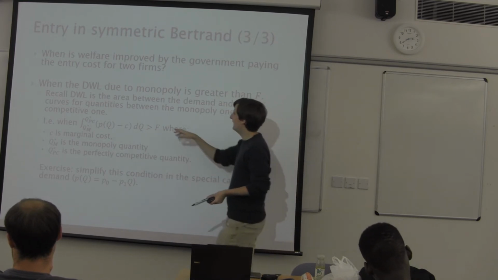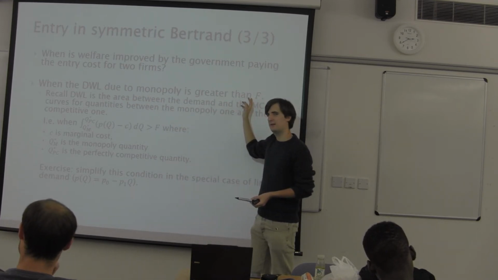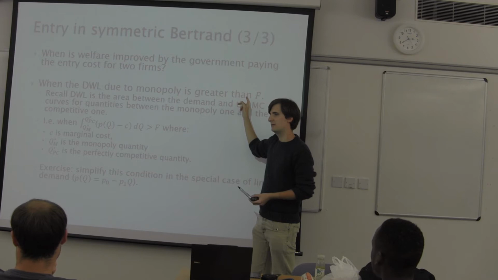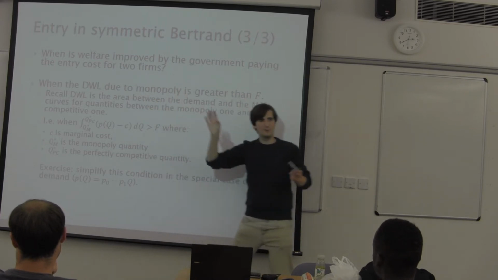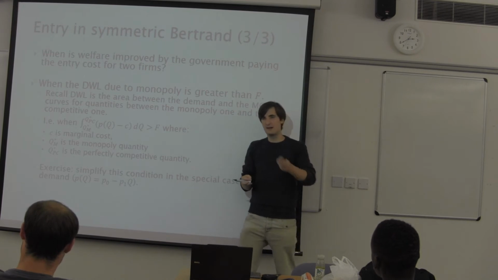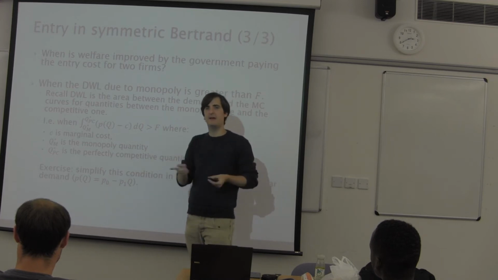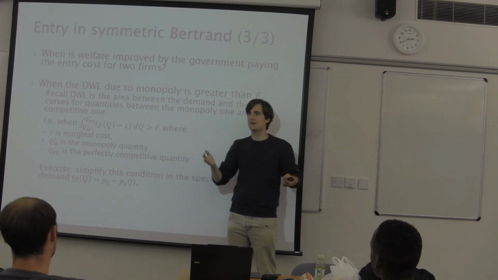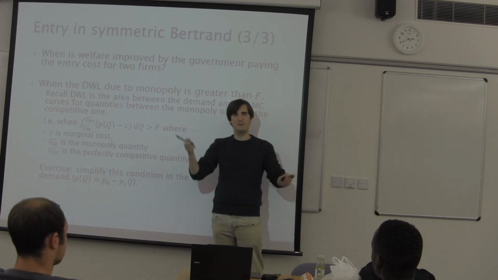So if the deadweight loss due to monopoly is bigger than the fixed cost, then if the government pays for one firm to enter, okay, so the way to think about this is, if one firm is entering, then one firm is paying the fixed cost already. That fixed cost is just like deadweight loss, it just disappears. You know, it's not productive, the fixed cost. Okay, so each firm that pays the fixed cost, that's a net loss from total welfare. The fixed cost just disappears into the ether.